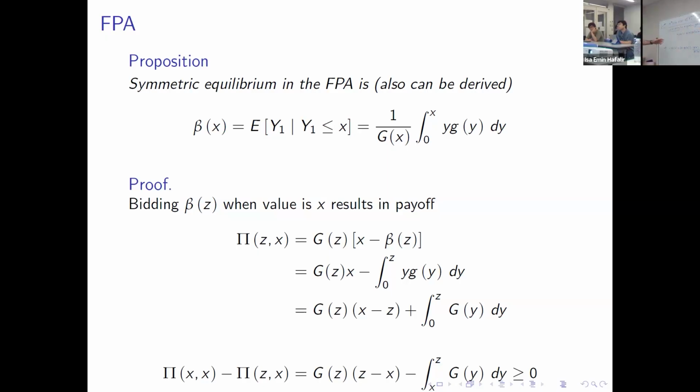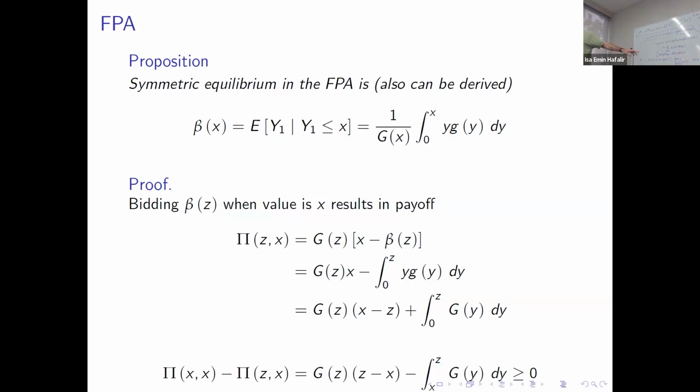But now the nice thing is that you can see that this is a derivative of the product, right? So this is d/dx of G of X beta of X, because if you take the derivative of G of X beta of X, you get G of X beta prime plus small g beta. Then if you integrate both sides, you get the integral from 0 to x of y g(y) dy is equal to G of X beta of X plus a constant of integration.